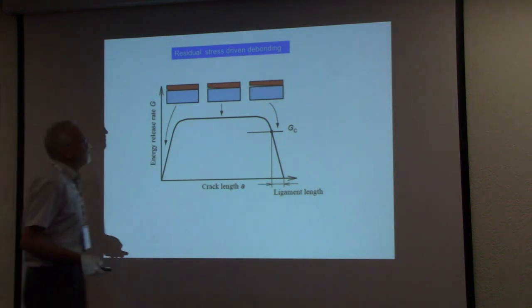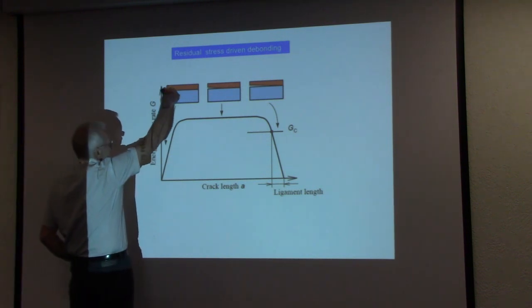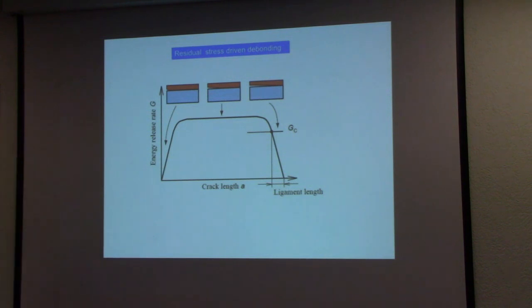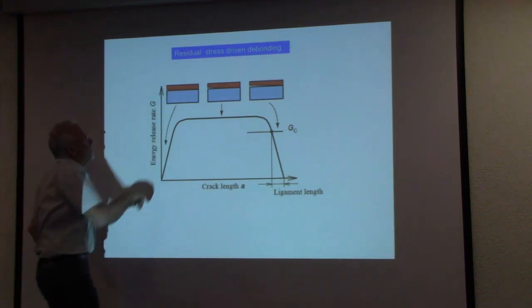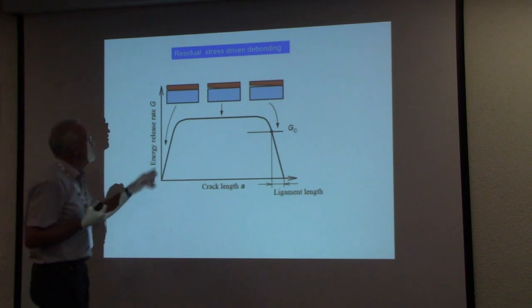If you have a complete peeling up of the film, there is a relatively simple consideration. Or if you generate a crack here, and the crack runs through the film, then it is quite easy to understand this from a fracture mechanics point of view.